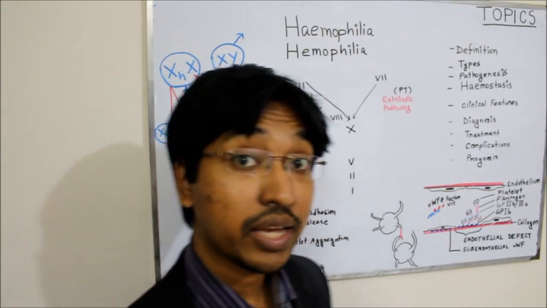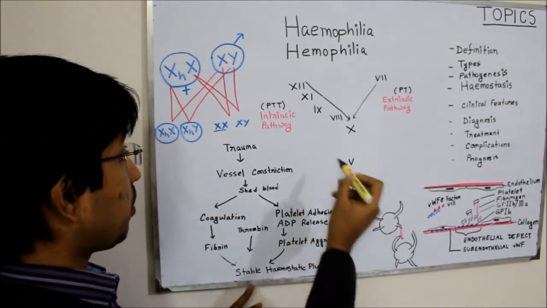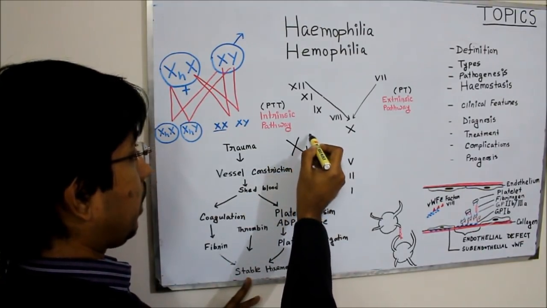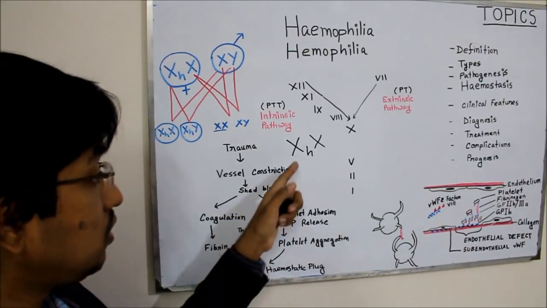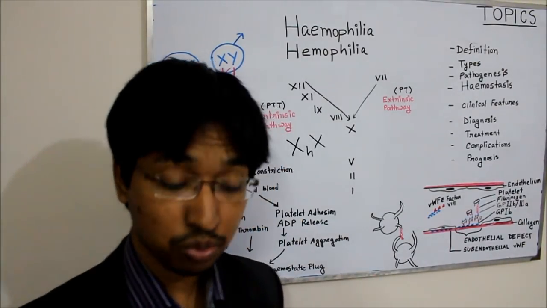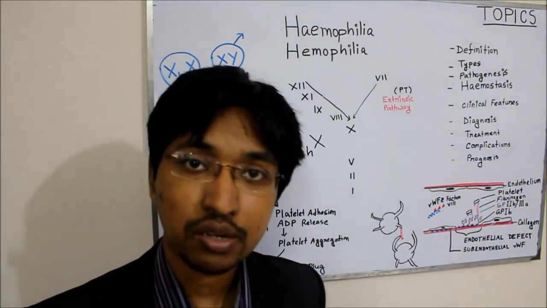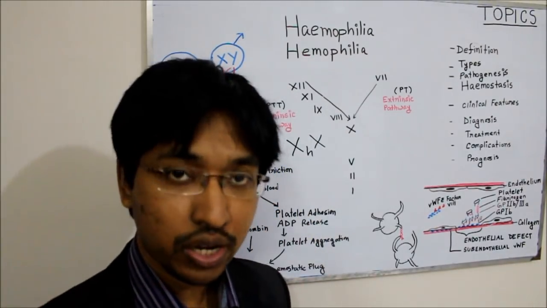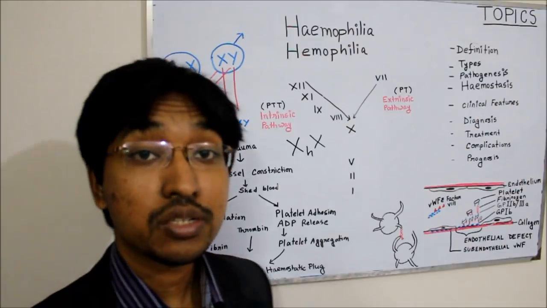Now recall that they are carriers. Their genotype is like this: one X chromosome has defect in the gene responsible for making factor 8 or factor 9, and the other X chromosome is normal.